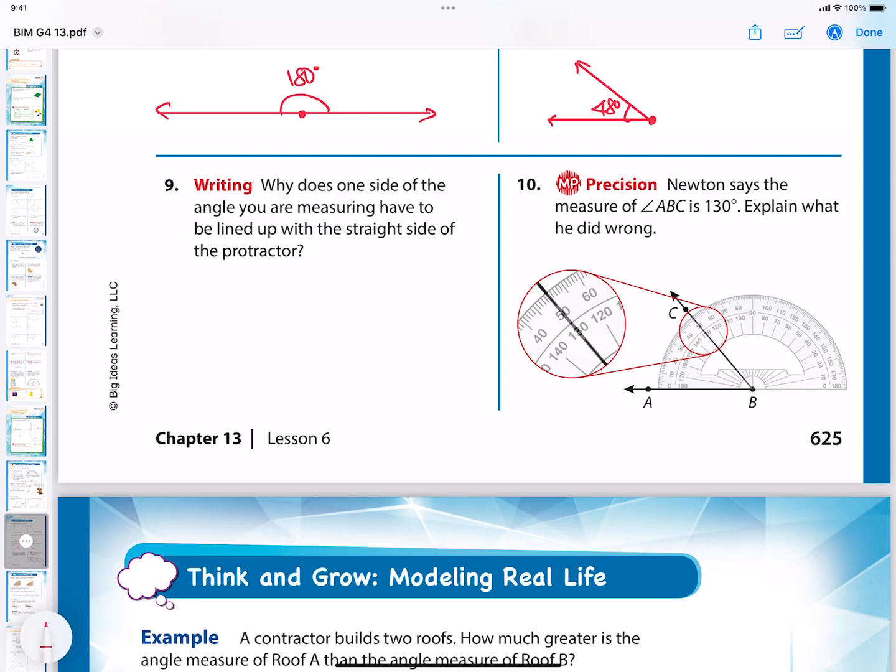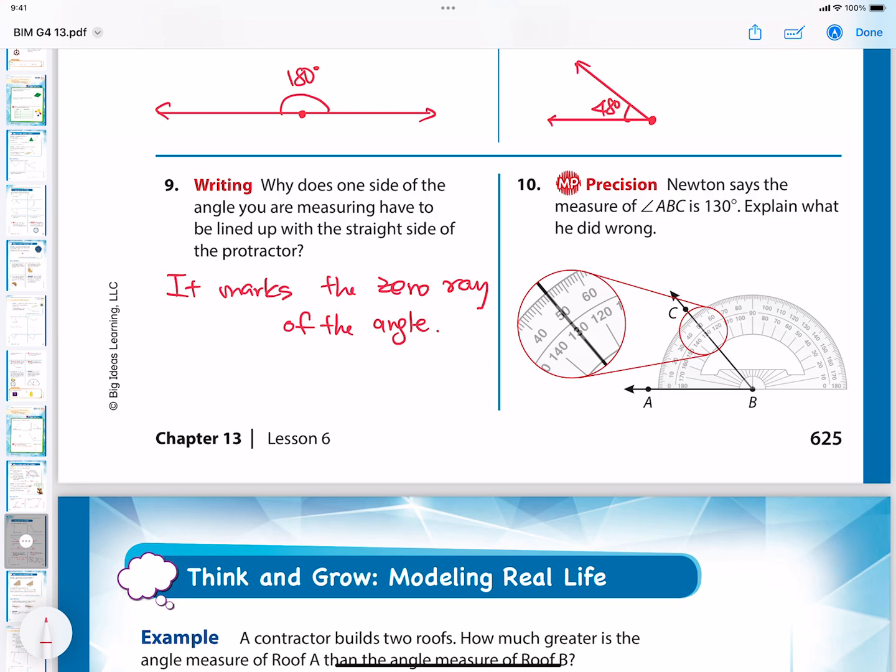It marks, let me make it clear, it marks the zero ray of the angle. If you cannot find the 0 degree mark, then you cannot measure the angle. So it has to be the straight side, and you have to line up to measure the angle.